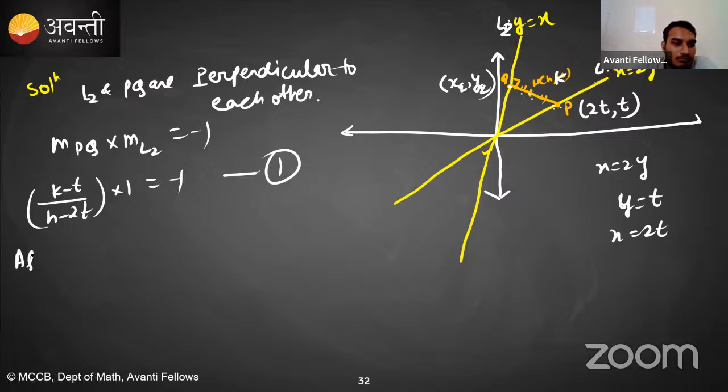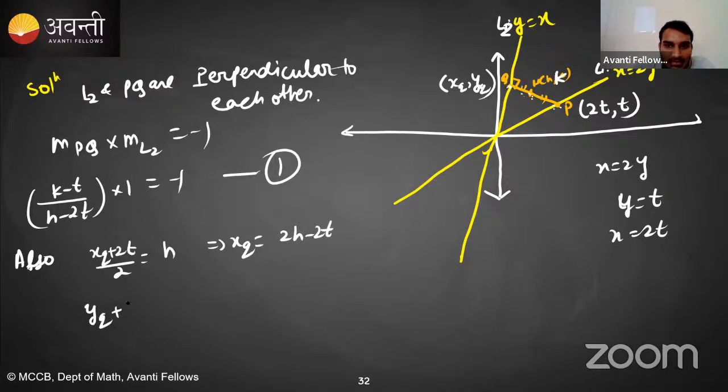Also, this H is the midpoint of P and Q. So (xq + 2t)/2 should be equal to h. So from here the x coordinate of point Q is 2h - 2t. Similarly (yq + t)/2 should be equal to k. So clearly yq is 2k - t.